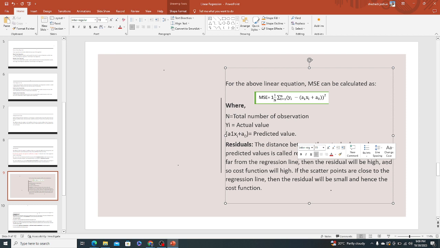Meaning our data points will be almost along the regression line.